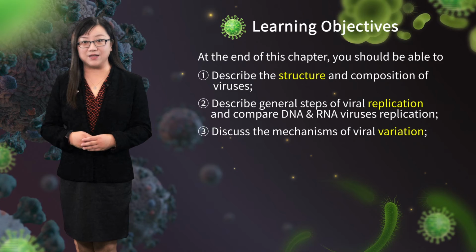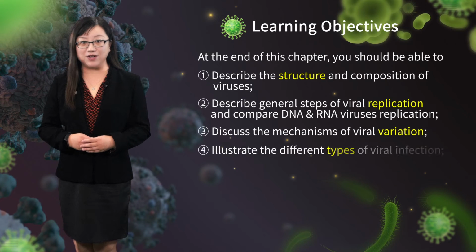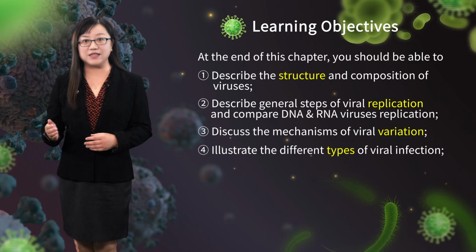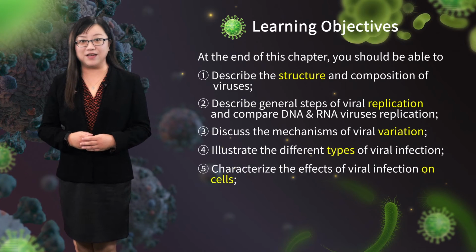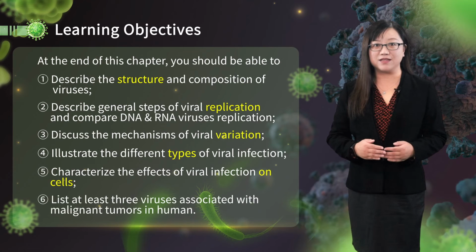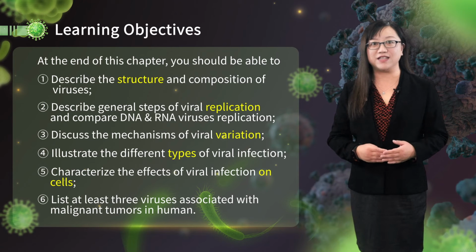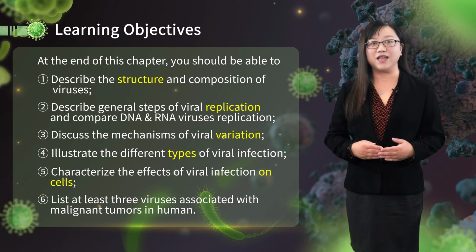Discuss the mechanisms of viral variation. 4. Illustrate the different types of viral infection. 5. Characterize the effects of viral infection on cells. 6. List at least 3 viruses associated with malignant tumors in humans.